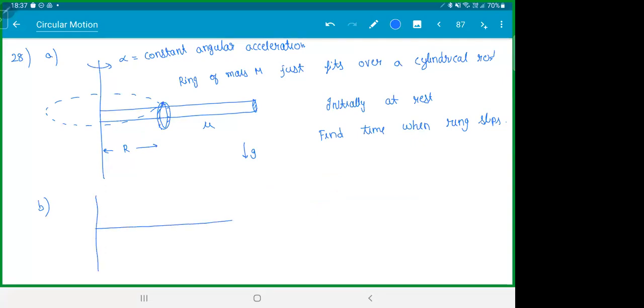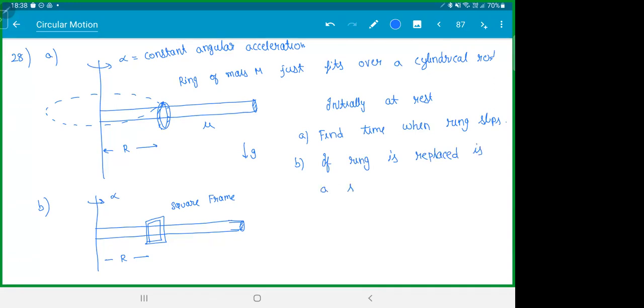Same question. But this B part will be like a paragraph. If you replace this ring with a square frame, everything is same. If this was a paragraph question, I'll ask you these two questions. If the ring is replaced by a square frame, how will the answer change?